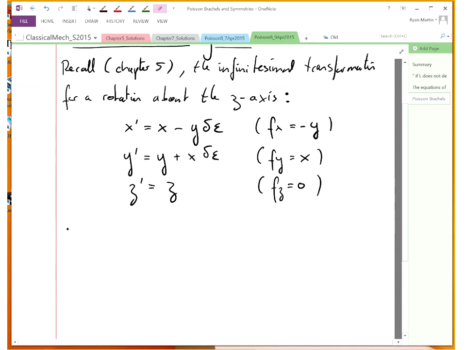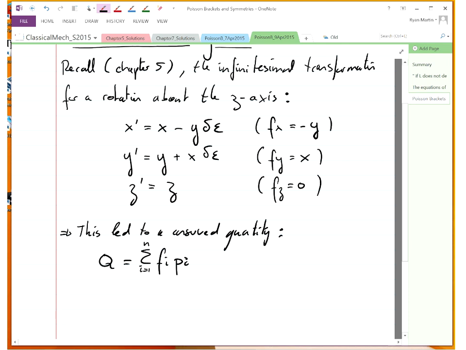And so if the Lagrangian is invariant to this, this leads to a conserved quantity Q, which was given by the sum over i of Fi Pi. We're going to forget about the G term with the time, since we're not transforming time here.